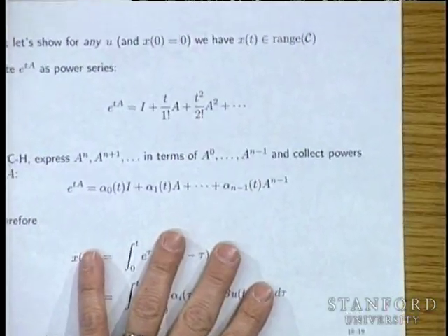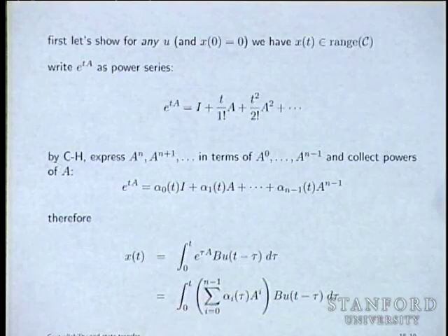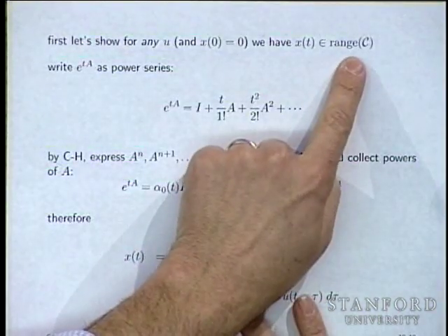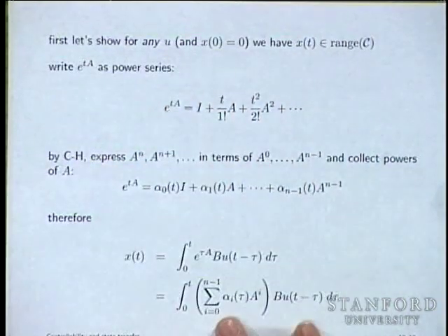So that's the result. And we'll show it a couple of different ways. Actually, there's a bunch of ways to connect it up here to the discrete time case and see how it works. Now, one way to see that you're always in the range of C is simple. Let's start from 0. e^(tA) is a power series.